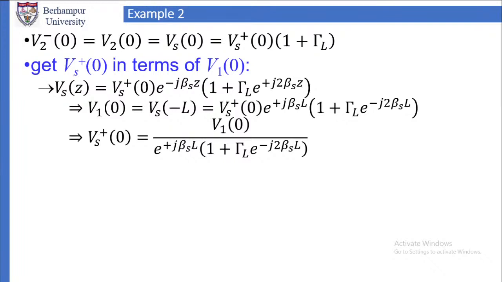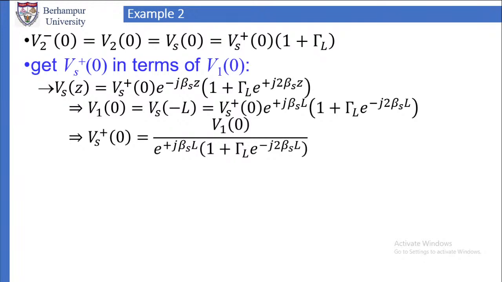For small z you put capital L. So Vs plus 0 exponential j beta s L whole into 1 plus gamma L exponential minus j2 beta s L. From that you can say Vs plus 0 is equal to V1 0 by exponential j beta s L whole into, in the denominator, 1 plus gamma L exponential minus j2 beta s L.